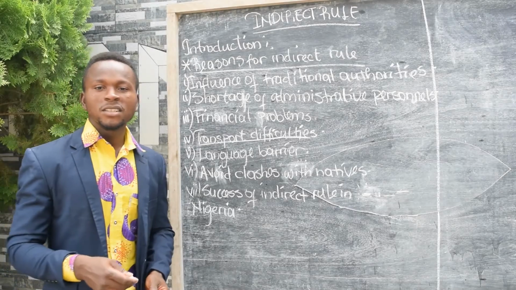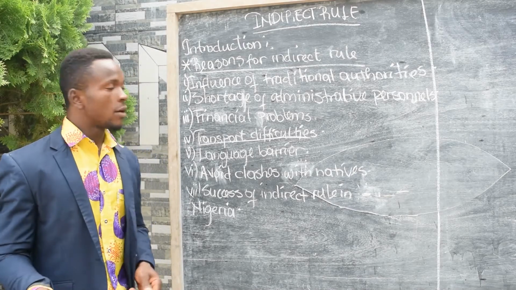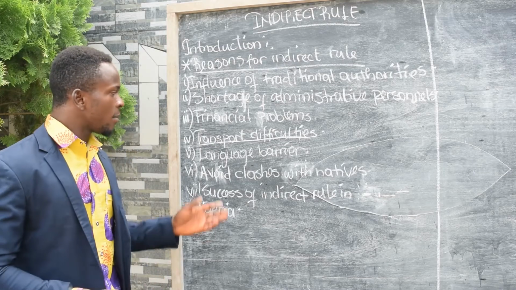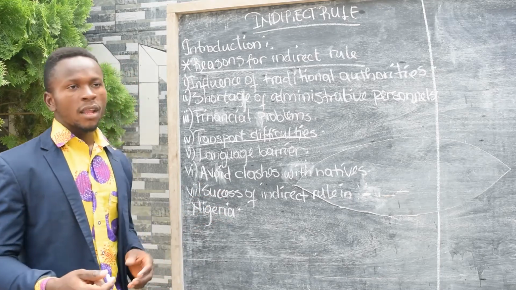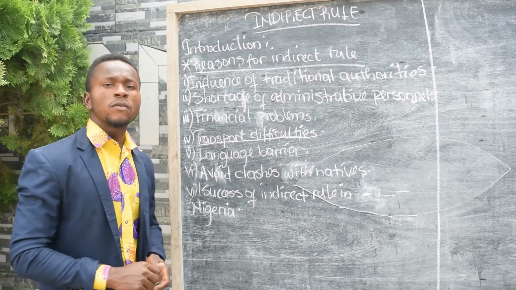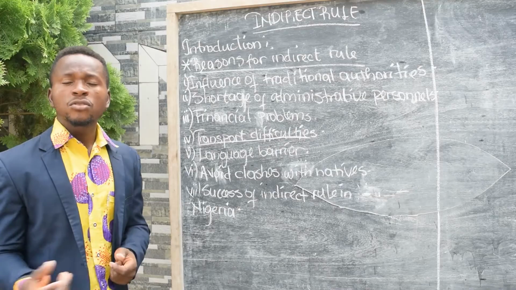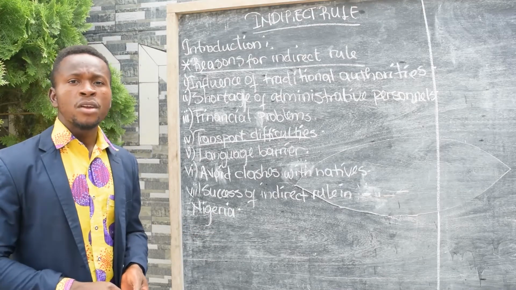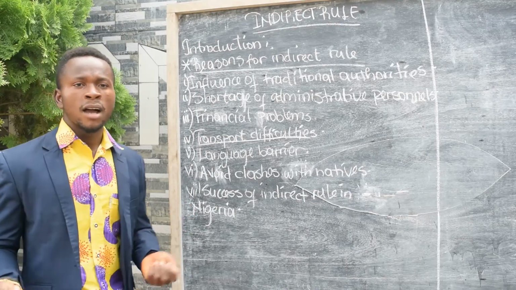Okay, transport difficulties. Transport difficulties was one of the reasons for indirect rule. We can talk about transport difficulties, like navigable roads. When the Germans came to the coast of Cameroon, they could only build small roads and small navigable areas and sea areas where they could easily leave Europe and come to Africa.